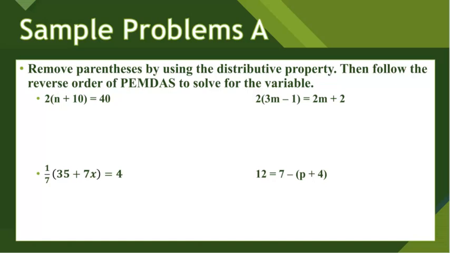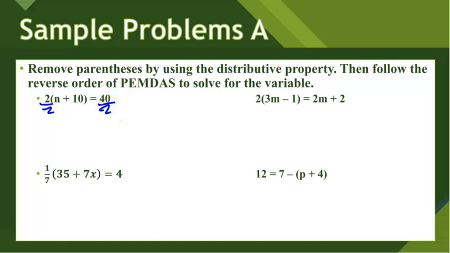So example 1. We need to remove parentheses by using the distributive property if there's parentheses involved, and then follow the reverse order of PEMDAS to solve for the variable. So here we have parentheses involved, so I need to distribute. Technically you could actually solve without doing the distribution process. So for this one, maybe I'm going to divide both sides by 2.